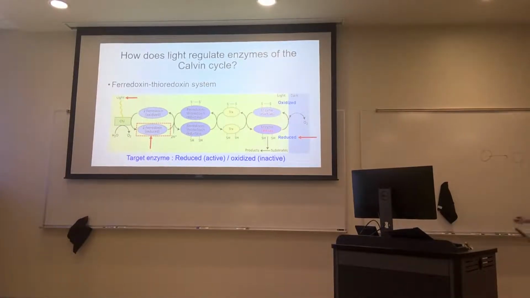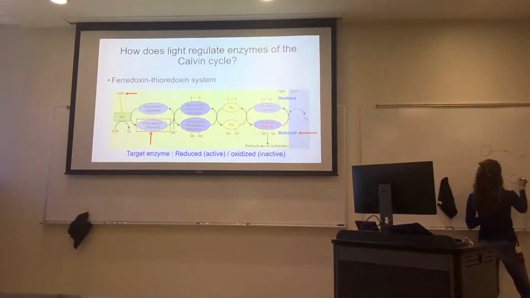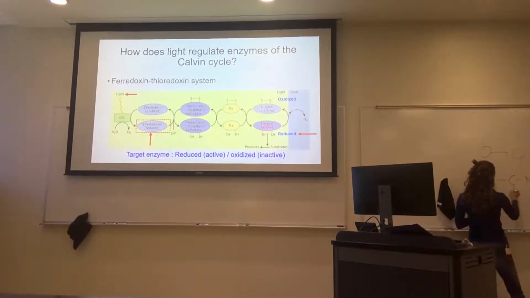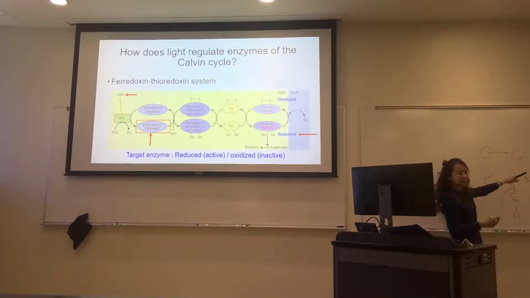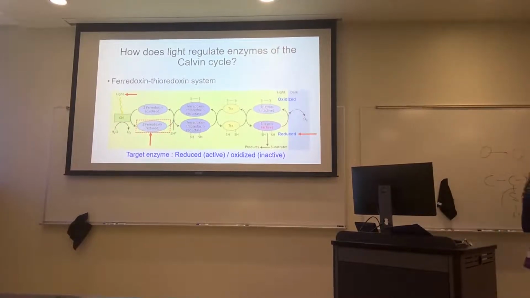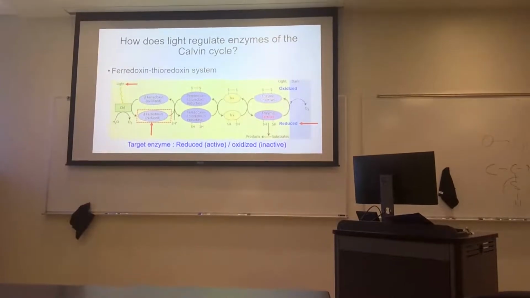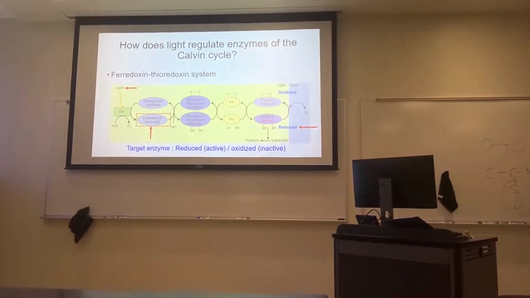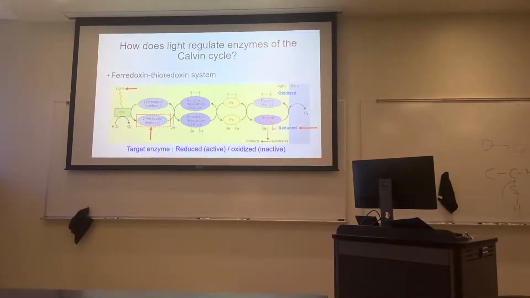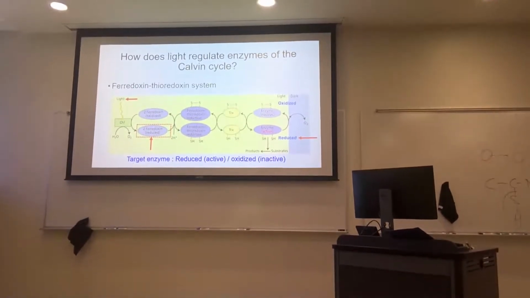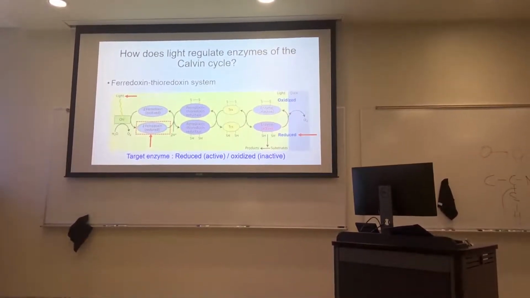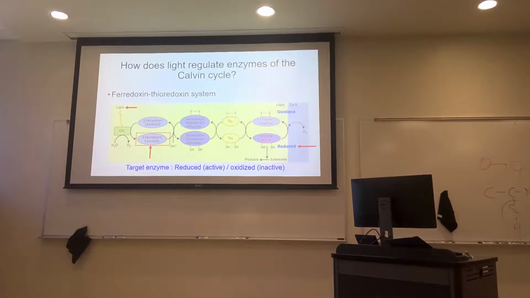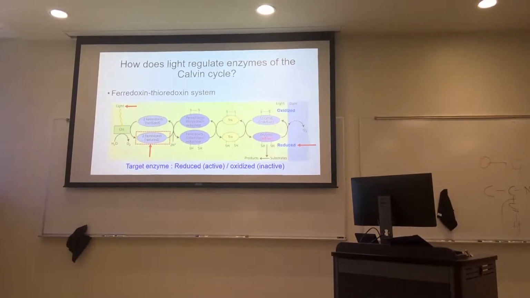Cysteine is an amino acid. Why is the reduction and oxidation of cysteine regulated? Cysteine is the only one that has an SH. How does reduction and oxidation of cysteine specifically activate and deactivate enzymes?